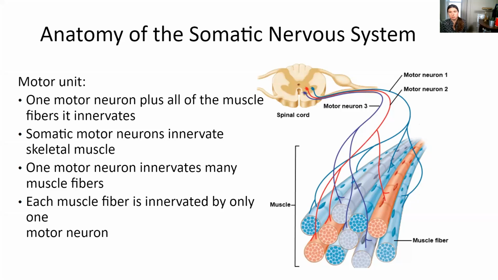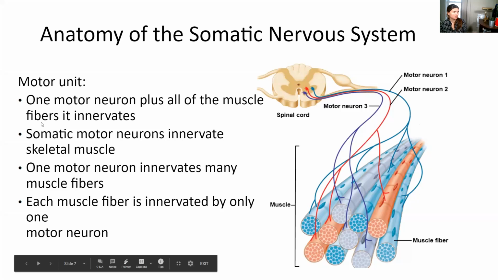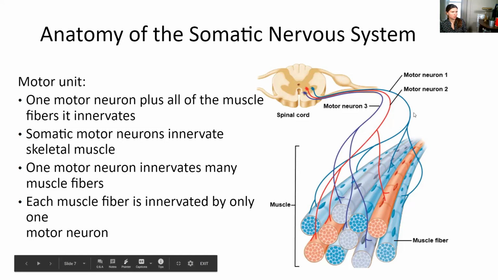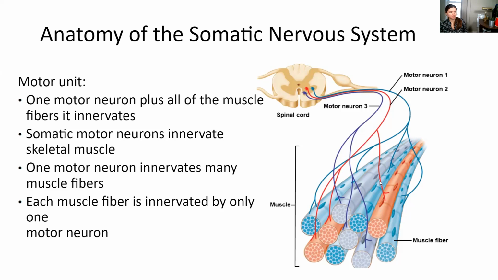This is important because they will largely act together. Okay. So our somatic motor neurons are innervating the skeletal muscle in groups, in motor units. Each muscle fiber only has one motor neuron assigned to it. We don't have one muscle fiber that's both red and blue, right? They're going back to one specific motor neuron.